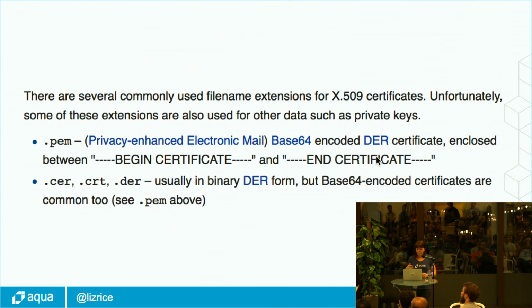It seems like a good time to just talk briefly about the file extensions. So those .pem files with those human readable headers and footers are called PEM because privacy enhanced electronic mail is exactly what we're doing. But inside that is base 64 encoding of a binary ASN1 format called DER.